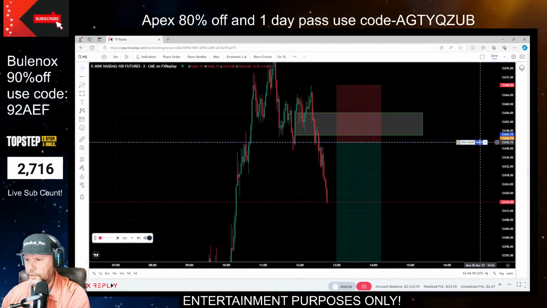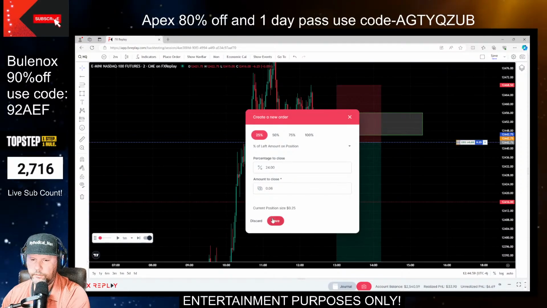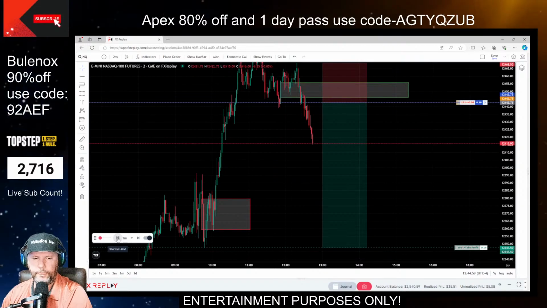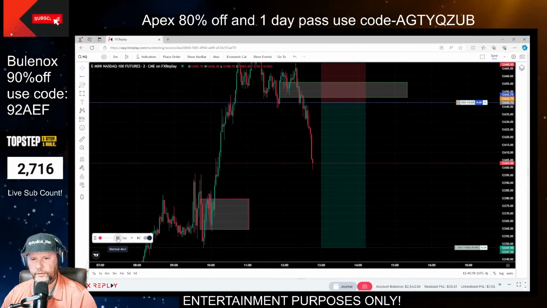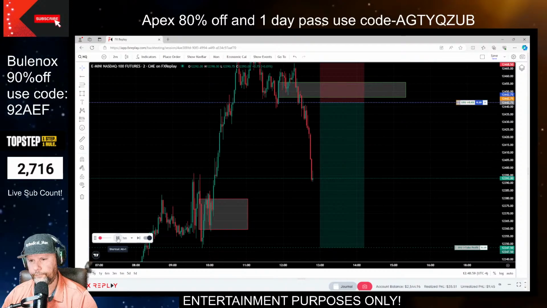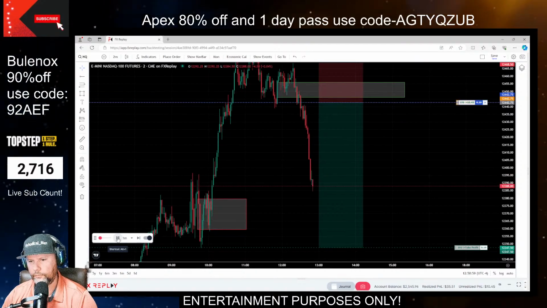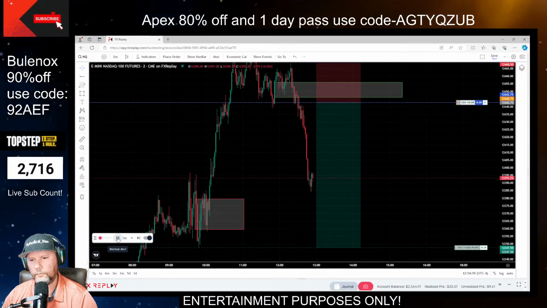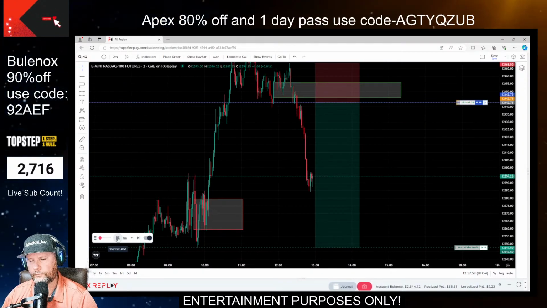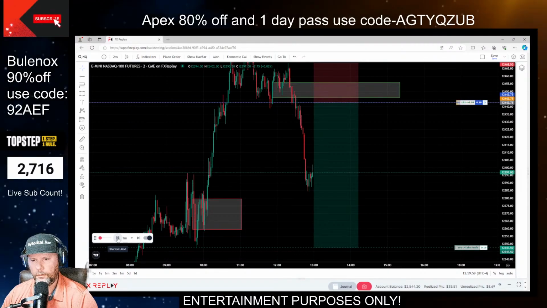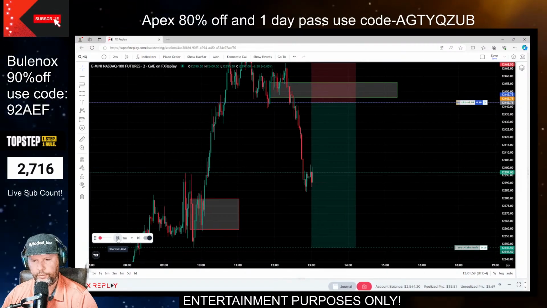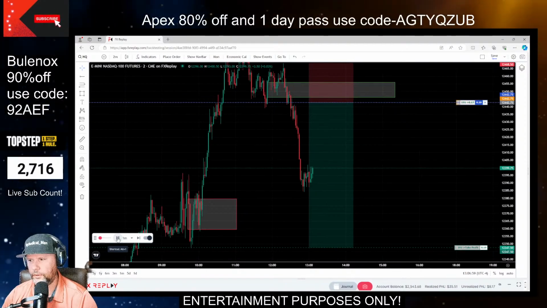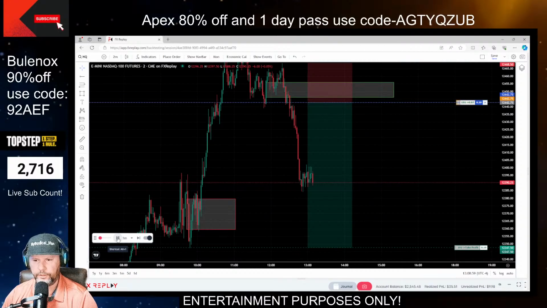All right, scale 25 more percent. So we hit that internal, the next one. And now let's see if we can leave a runner on for this larger profit. Coming into the end of the lunch hour here. See if we can continue down. Up about 40 points on the trade right now.